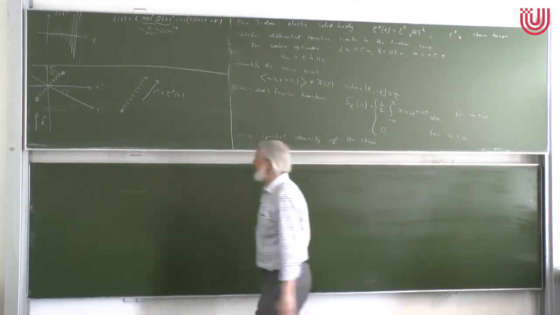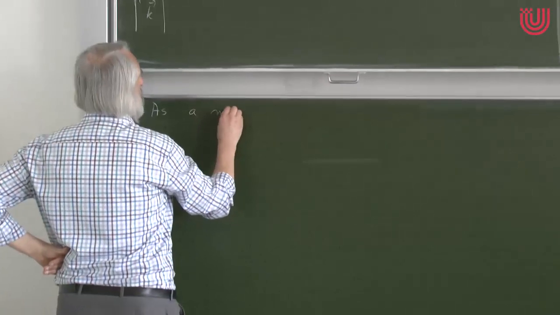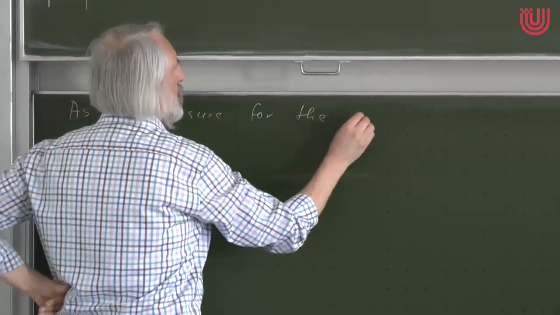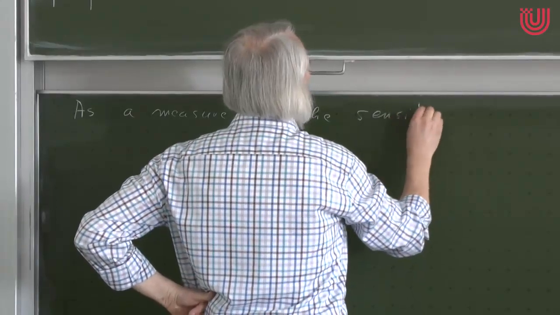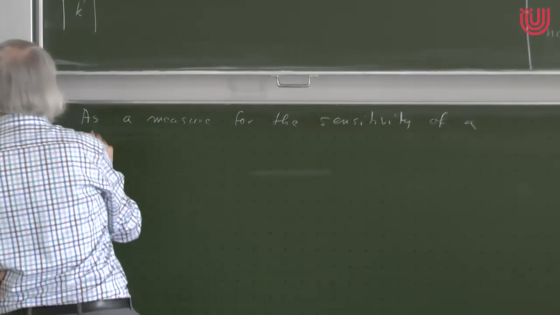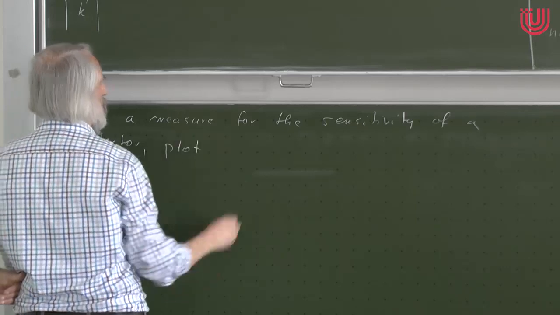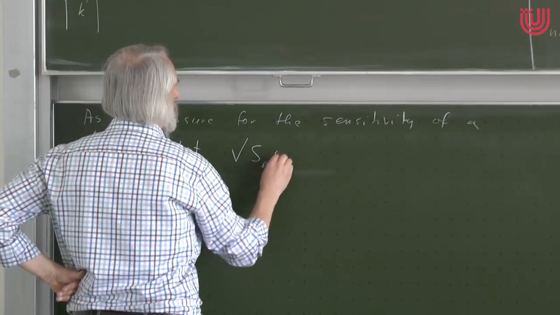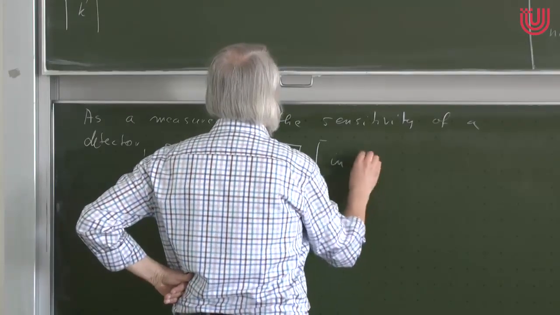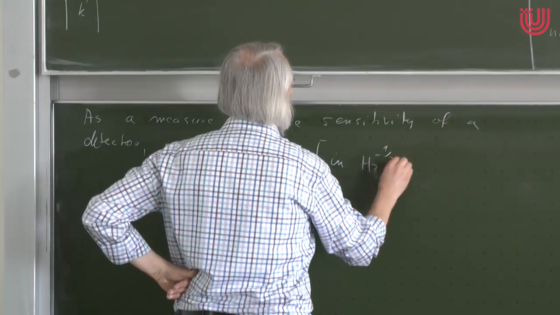Okay. So as a measure for the sensitivity of a detector, one usually plots the root of SH, and this is in hertz to the power -1/2.